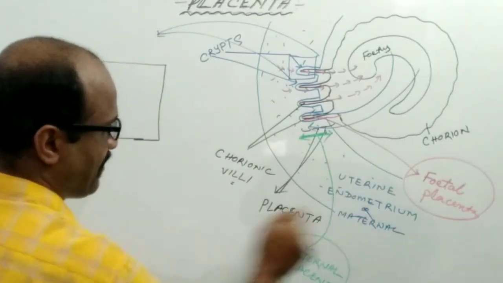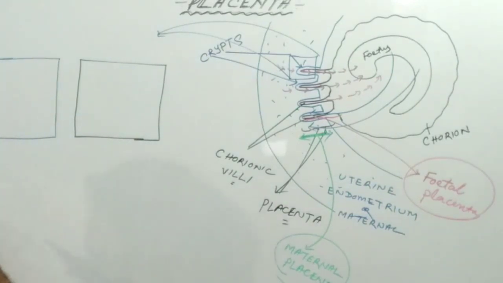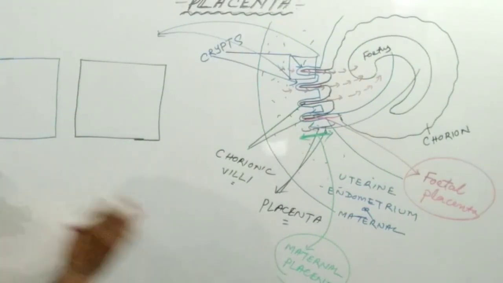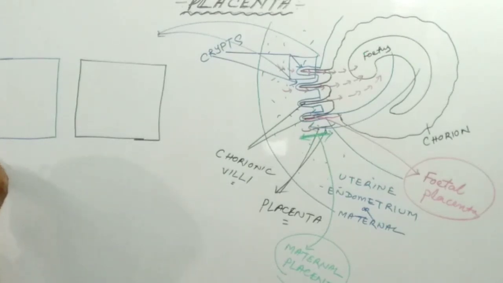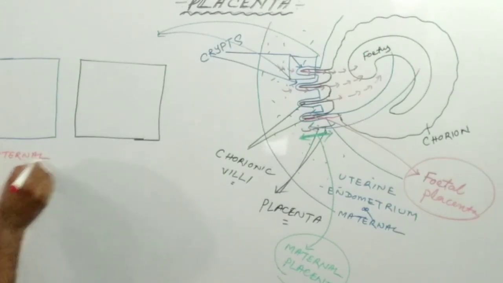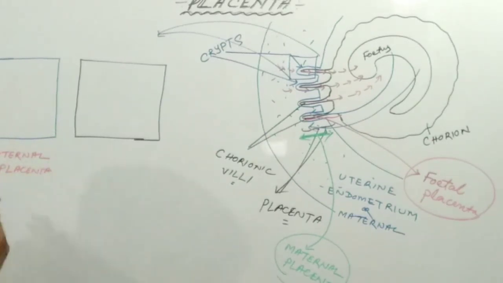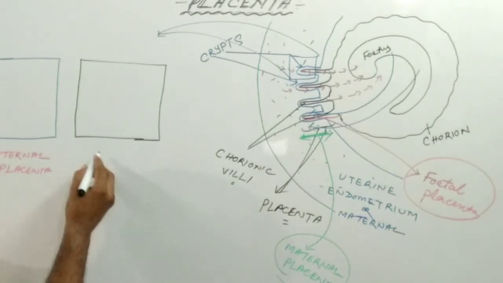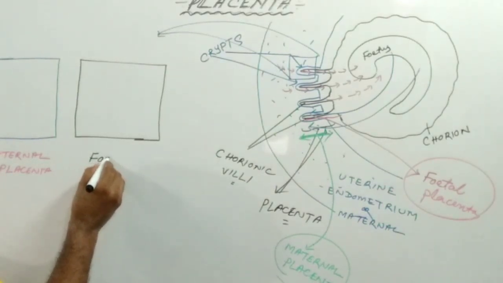The endometrium has, suppose that this is the maternal placenta, and this side is the fetal placenta.